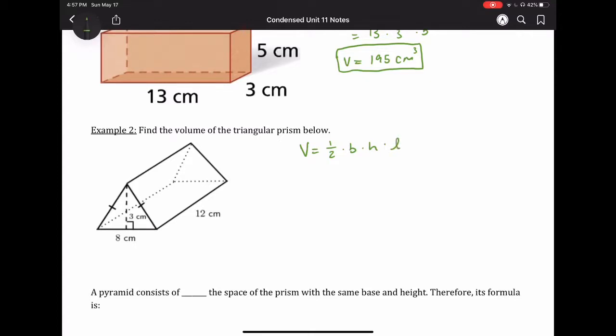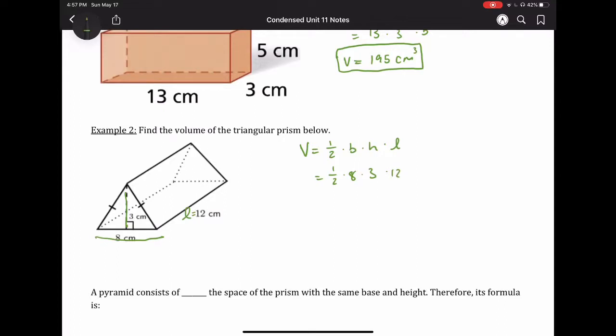So we'll call that L. So volume is equal to my area of the base, 1/2 times, well, the area of the base tells me to use the base of the triangle and the height of the triangle. So I have 8 times 3 times the length, which is 12.